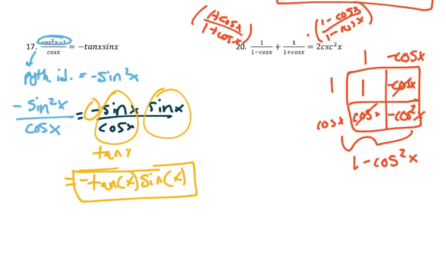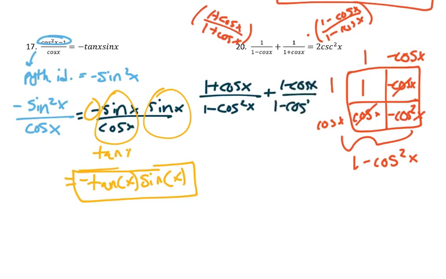So the numerator on the left is going to be 1 plus cosine x over our new denominator. And then the right side is going to be 1 minus cosine x in the numerator, and then that same denominator. And so because of that, we can write it as all one fraction, because they have the same denominator. So the numerator is this kind of long phrase of 1 plus cosine x plus 1 minus cosine x, all over 1 minus cosine squared x.